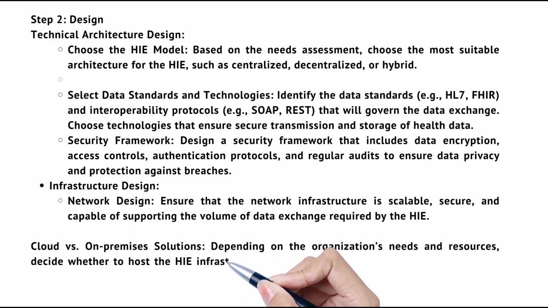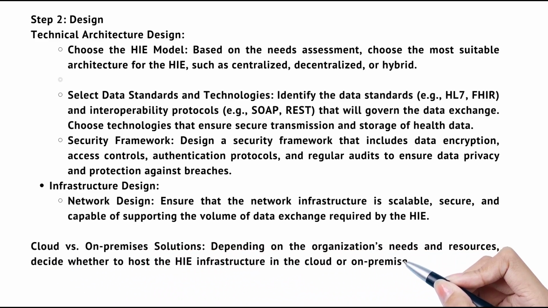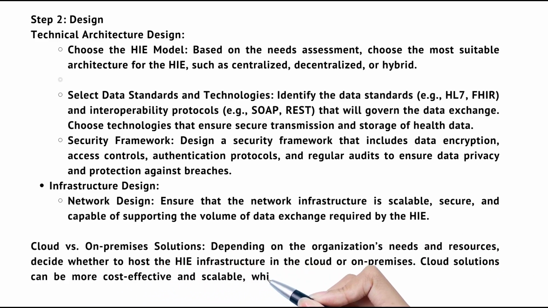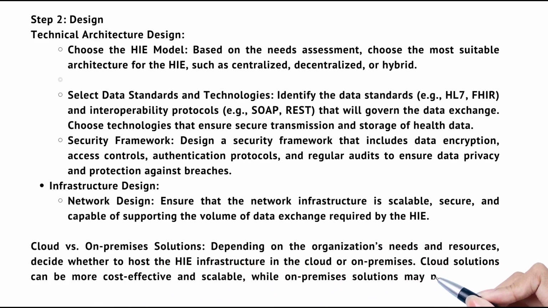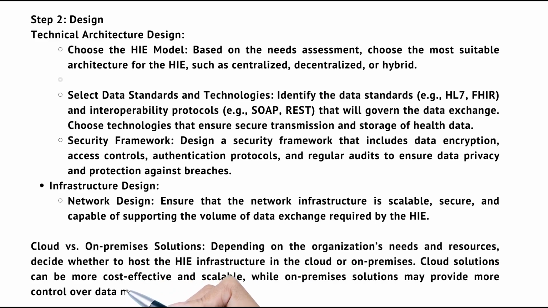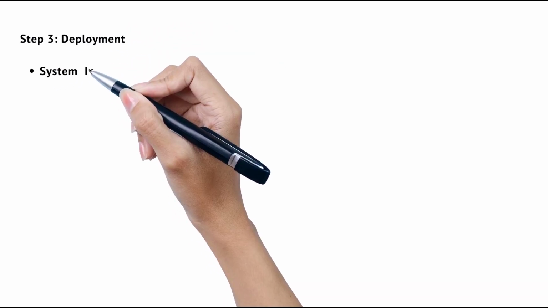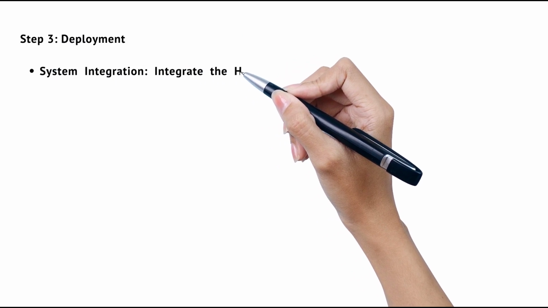Cloud versus on-premises solutions. Depending on the organization's needs and resources, decide whether to host the HIE infrastructure in the cloud or on-premises. Cloud solutions can be more cost-effective and scalable, while on-premises solutions may provide more control over data management.